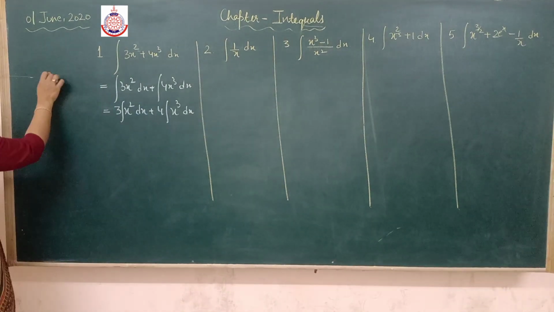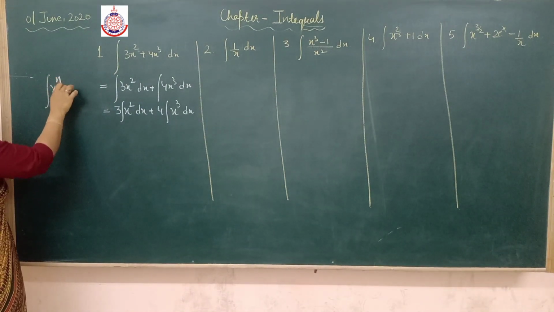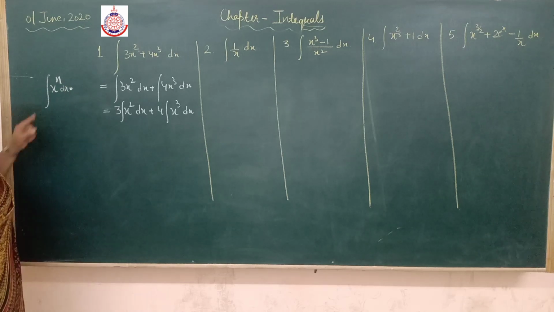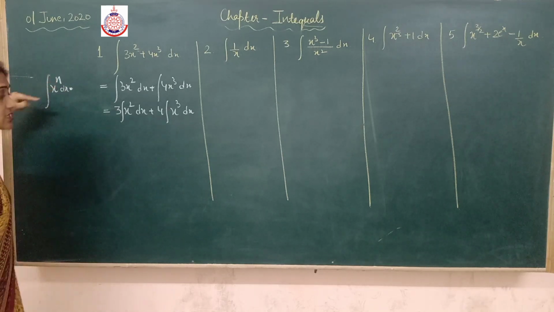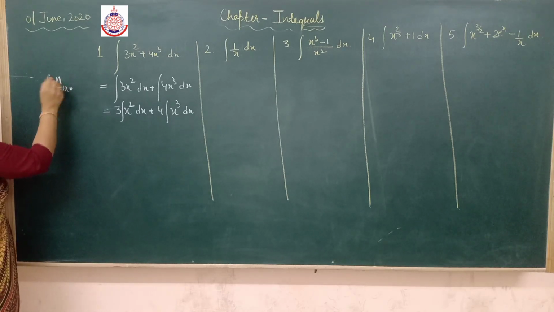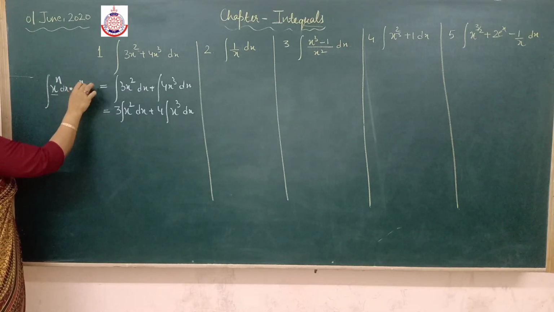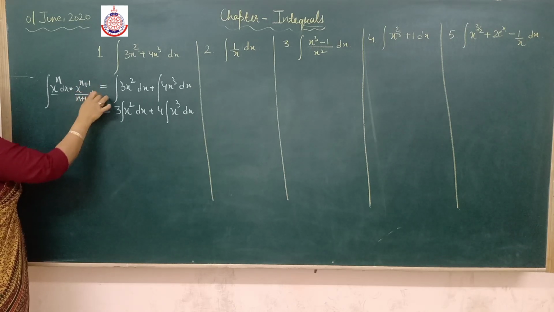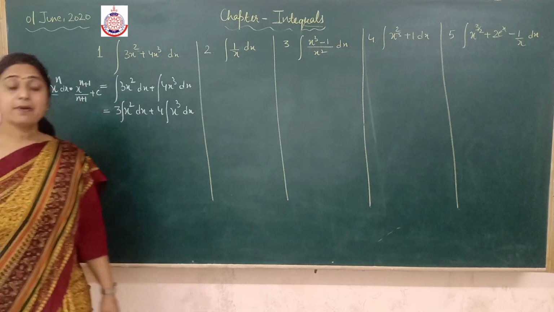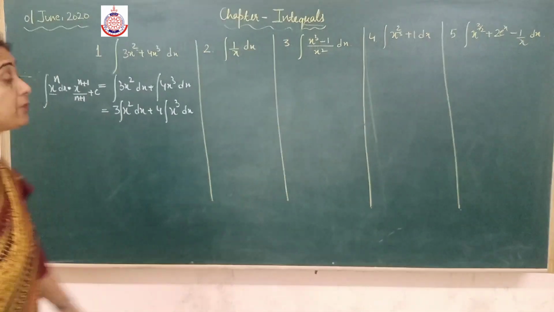If you remember the formula, first formula which we did, x raised to power n, if you have a variable raised to power constant, the formula is increase the power by 1 divided by increased power plus c.